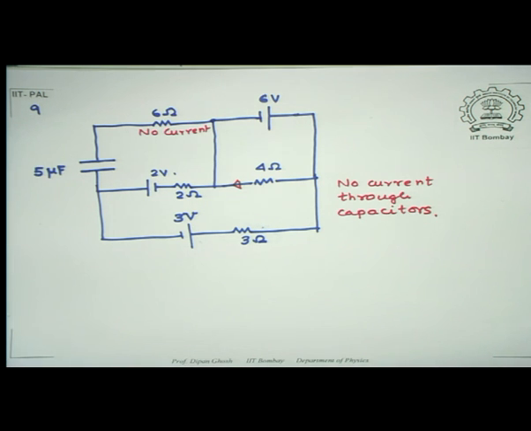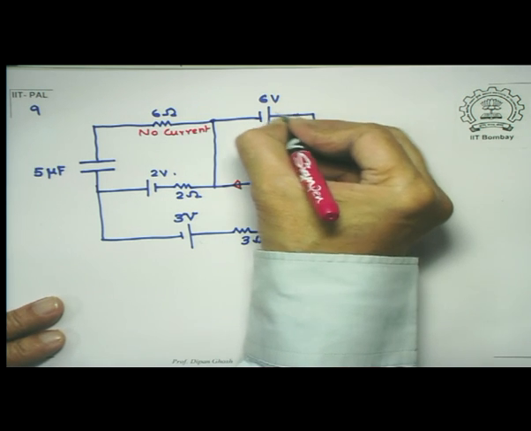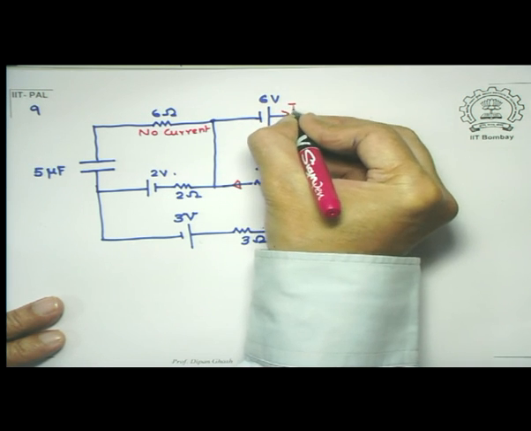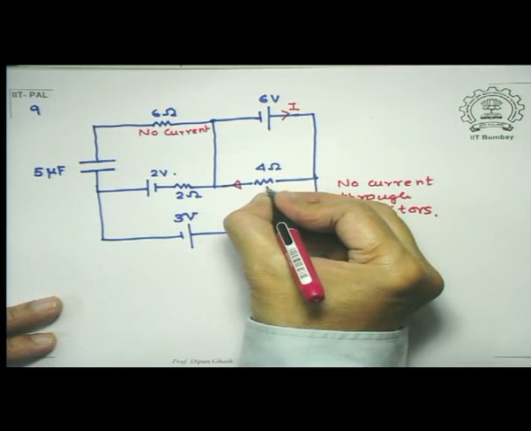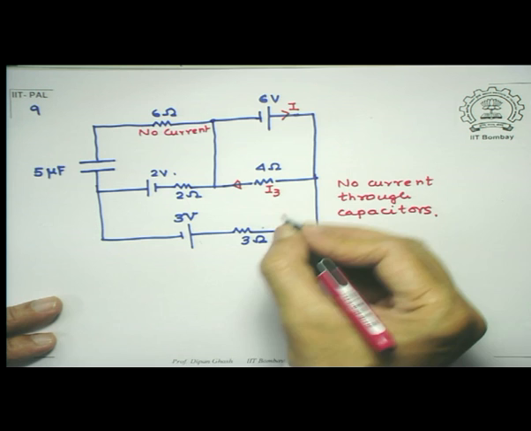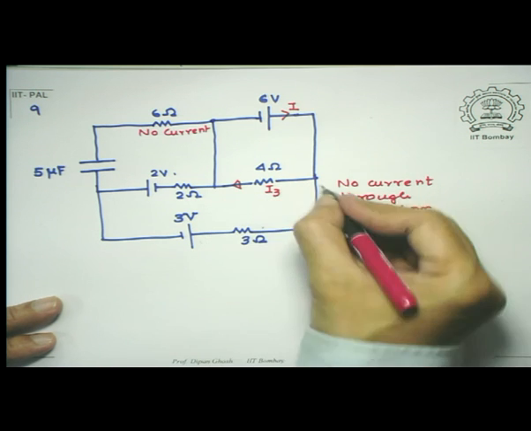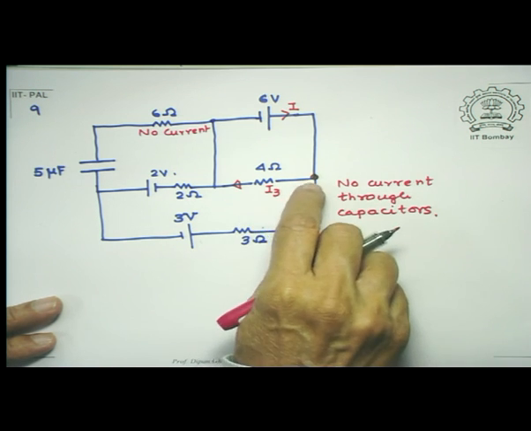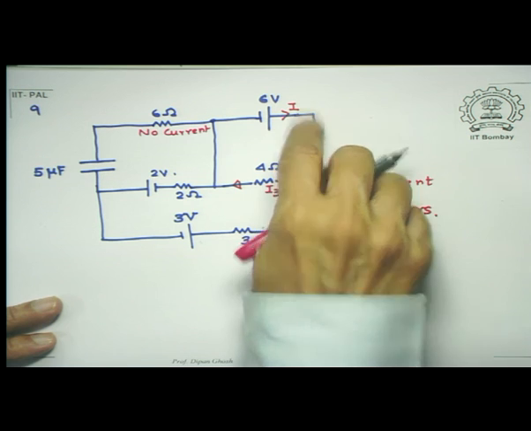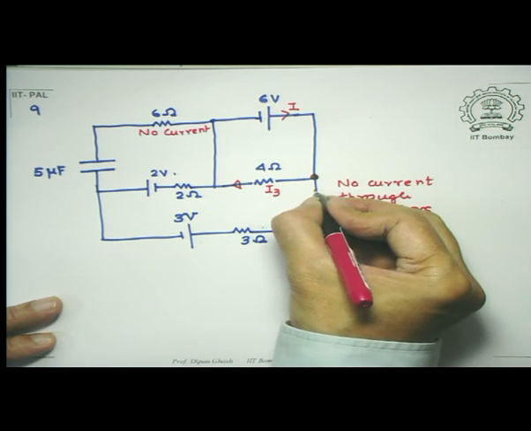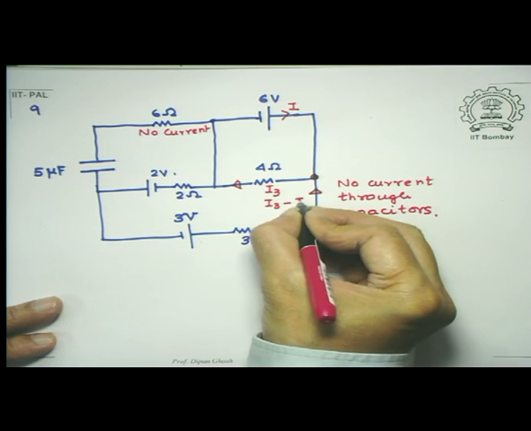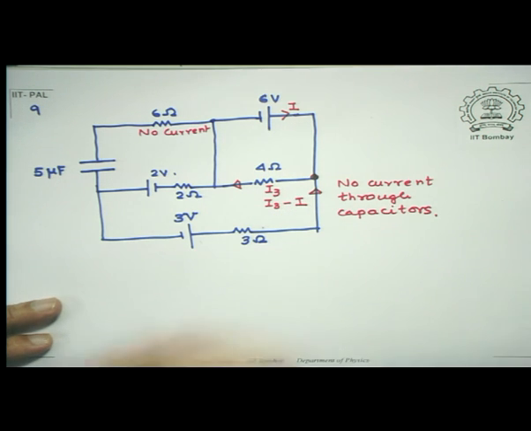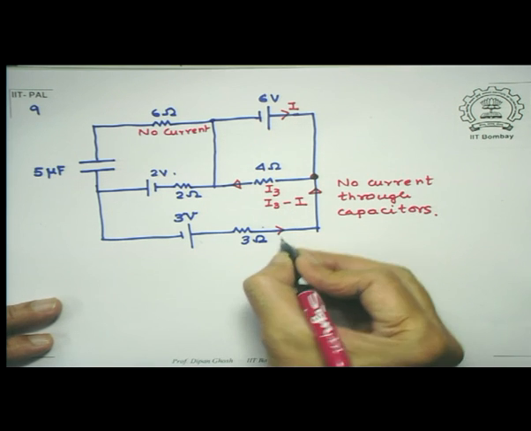Okay, let us now start giving some names. Supposing this I call it as I. Then let's call this I3. So you notice here at this junction, I have I3 going out, I have I coming in. So therefore, at this junction, what is coming in is I3 minus I. So clearly I3 minus I comes here.